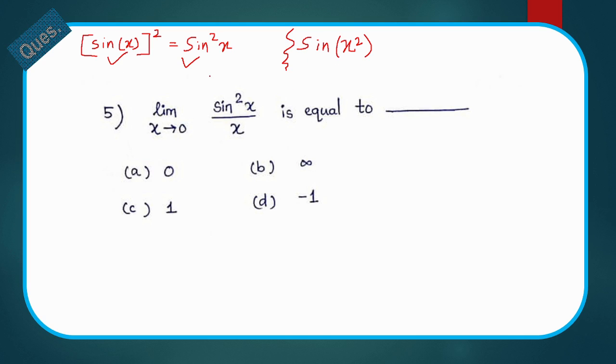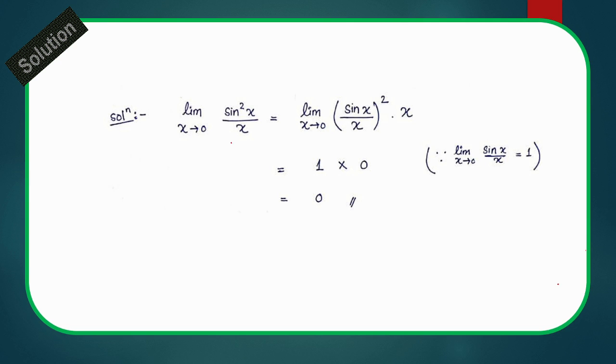So you should keep in mind these are the same and this is different. So it is saying limit x tends to 0, sin square x divided by x is equal to dash. So sin square x by x, we can write it as sin x whole square divided by x square into x. We can write it like this.